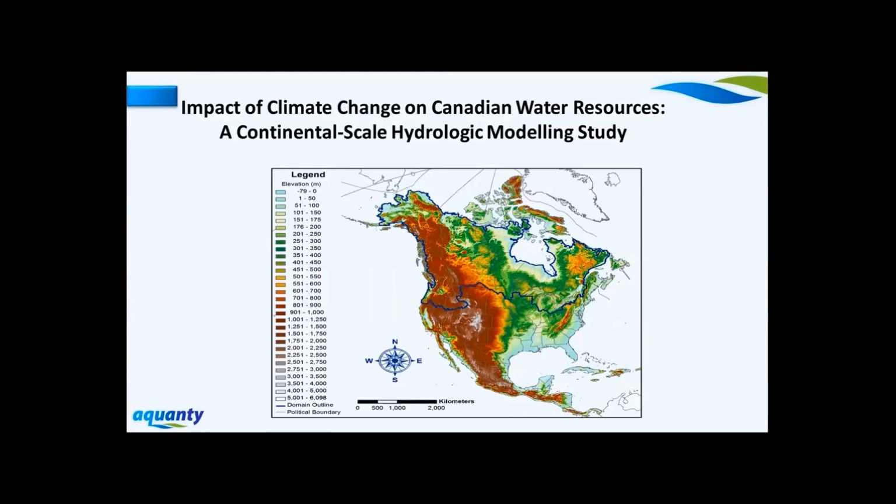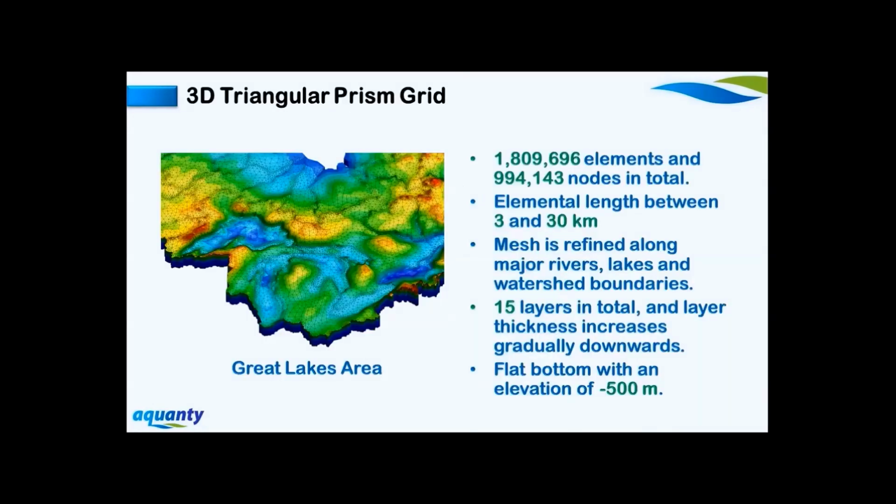So it's a fully 3D HGS model, and the idea was to make some projections of what might occur towards middle and end century, and these projections are based on climate change scenarios conducted by a colleague of mine and his team. So it's a very large domain, again, 3 dimensions.